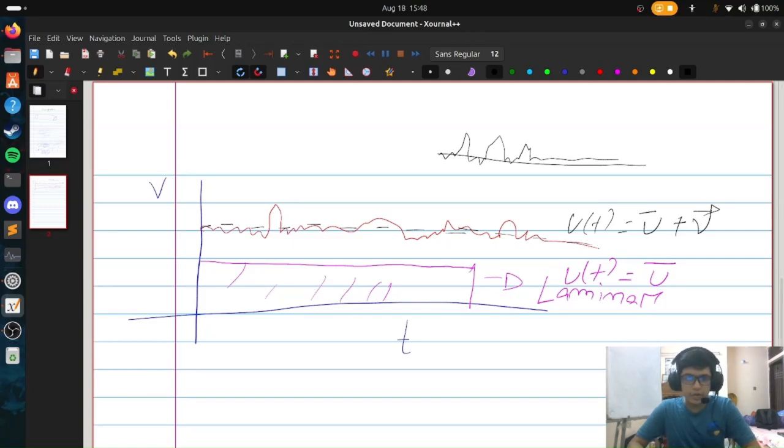Basically, when the flow of a fluid reaches a critical velocity, the flow starts to turn from laminar to turbulent. But there's another catch here. We will learn a unique concept today: the Reynolds number.